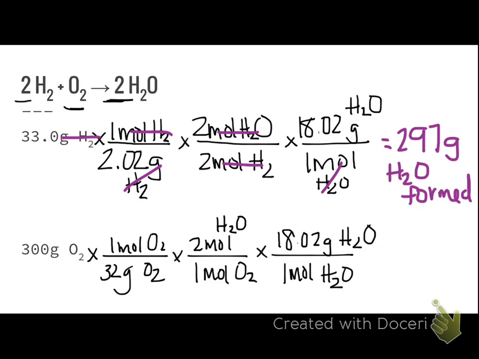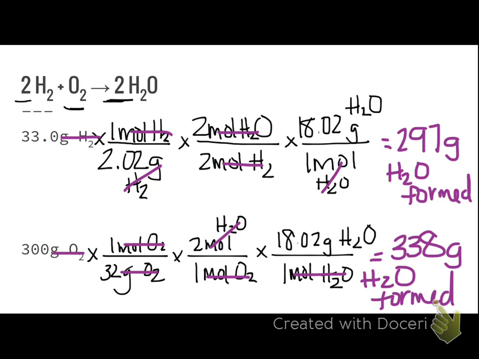All right, units, grams of O2, moles of O2, moles, moles of water, left with grams of water. And if we do the math on this, it gives us 338 grams of H2O formed.